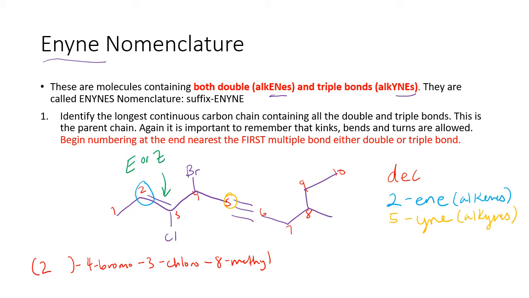So now to finish this off, what we do is we indicate first the double bond in the name, and then we end with the triple bond.